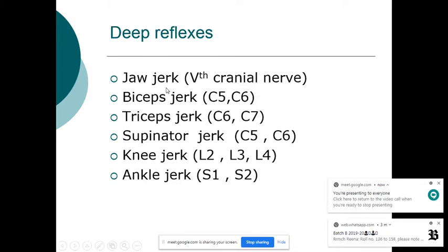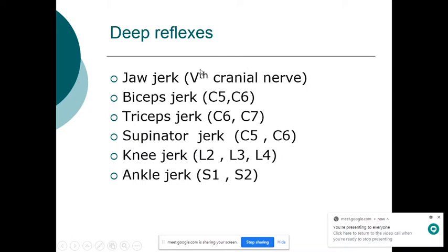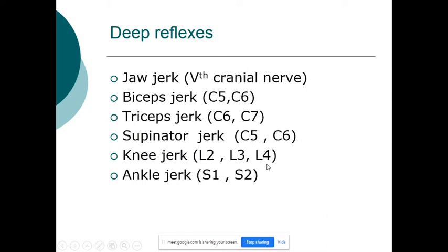For all these reflexes, we have to remember these root values: C5, C6, C6, C7, C5, C6, L2, L3, L4. For the biceps jerk, the nerve supply is coming from the cervical segments of the spinal cord, number 5 and number 6.